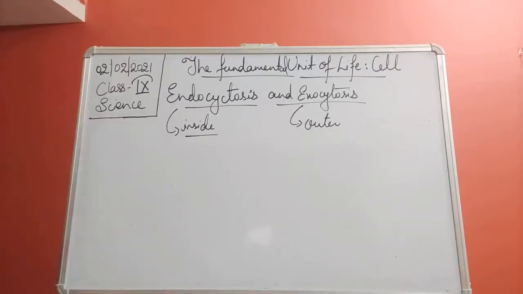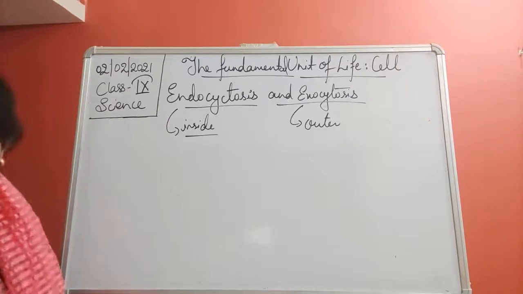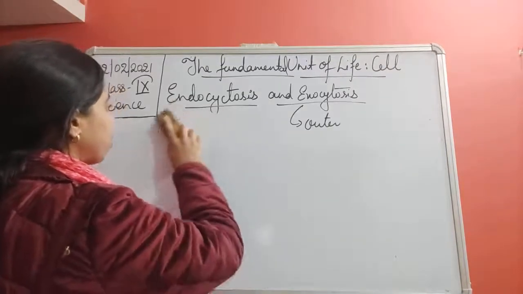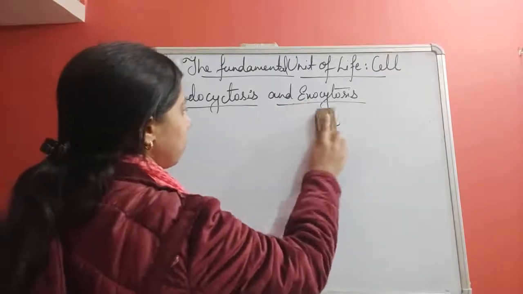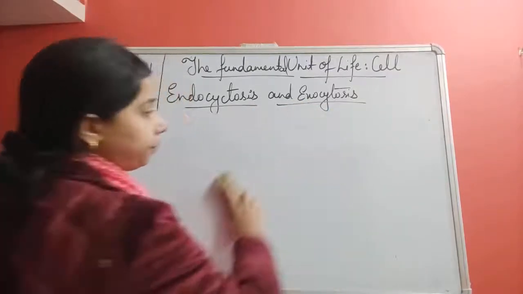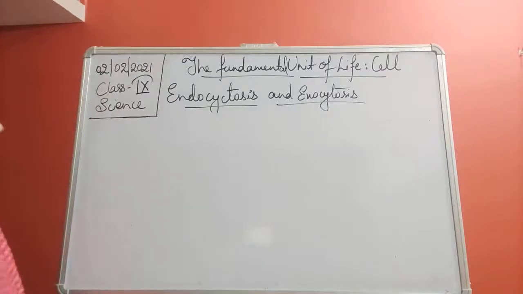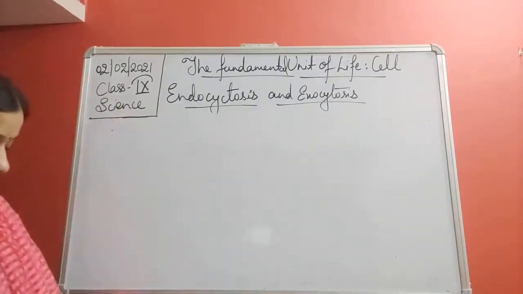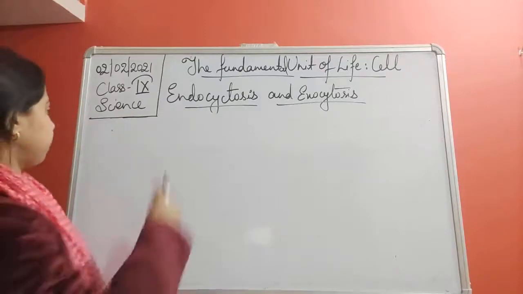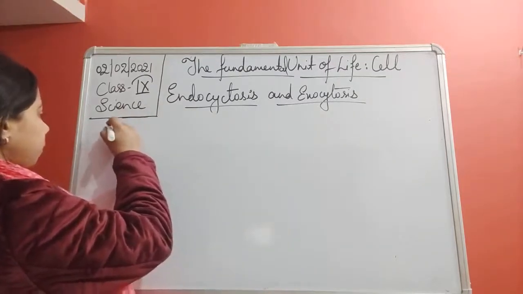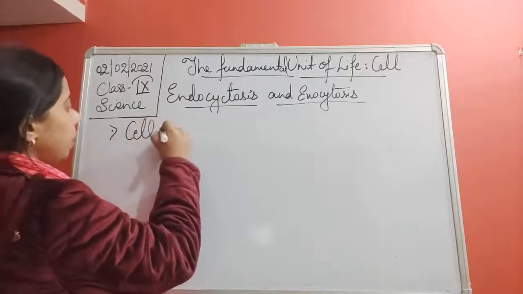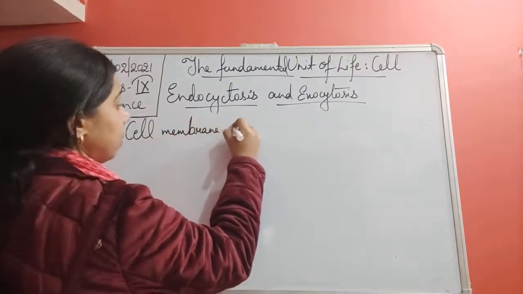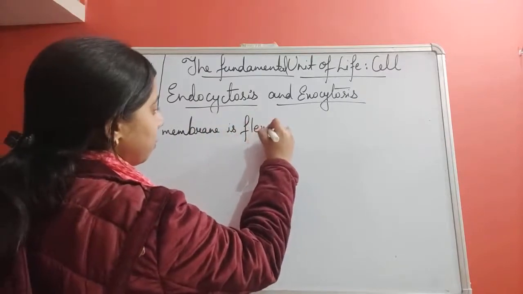Okay, so let us write what the things are in the case of endocytosis and exocytosis. The first thing is: cell membrane is flexible.